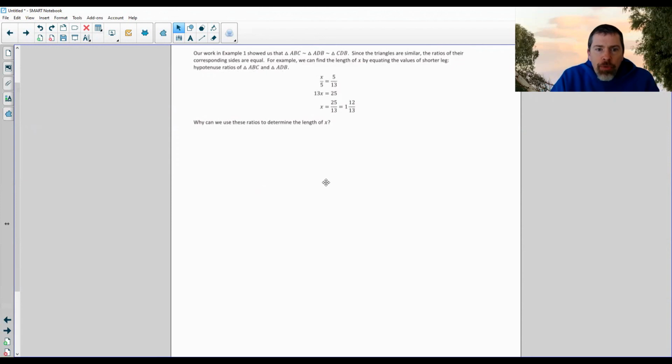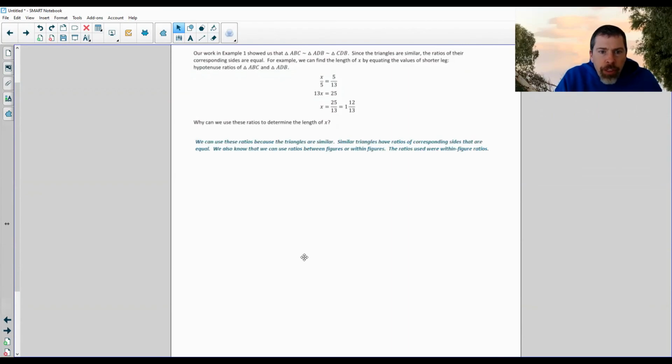Why can we use these ratios to determine the length of x? The reason is because the triangles are similar. Similar triangles have ratios of corresponding sides that are equal. We also know that we can use ratios between figures or within figures.